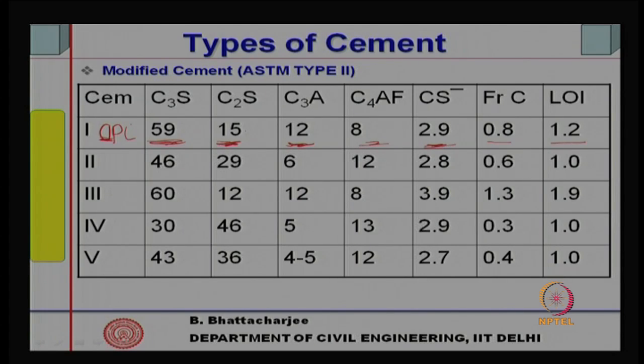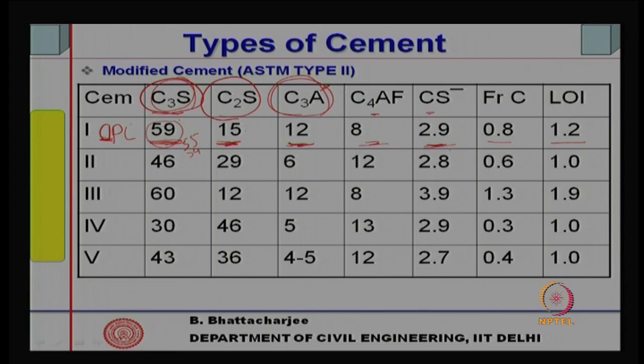Now, if we recall, high C3S means relatively high early strength. This is slightly higher, could be even less, something like 54, 55, etc. So, high C3S means high early strength, C2S means later strength, and C3A means high heat of hydration; it contributes maximum to the heat of hydration, and C4AF has of course much less effect.